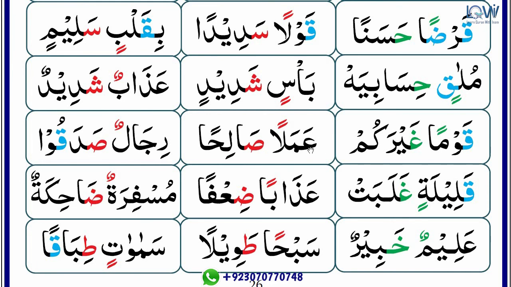Ain zabar a, mim zabar ma, ama, lam two zabar lan, amalan, sad alif zabar sa, lam zir li, sali, ha two zabar han, salihan. Now both words combinedly. Amalan salihan.